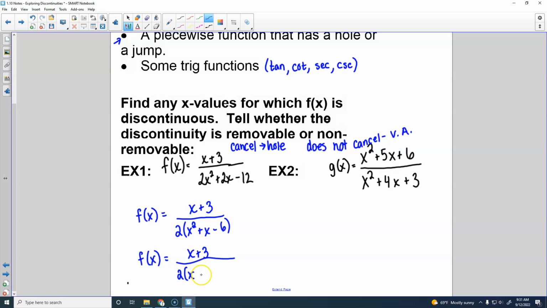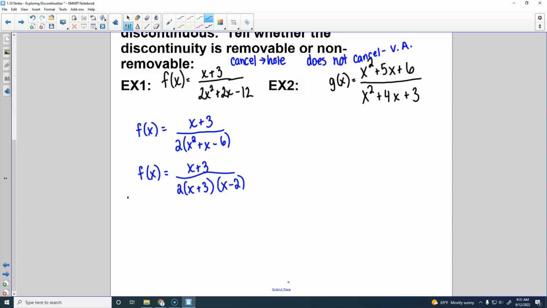That'll factor into (x plus 3)(x minus 2). So, you must remember, let's put a little note right here: discontinuities only come from the denominator.